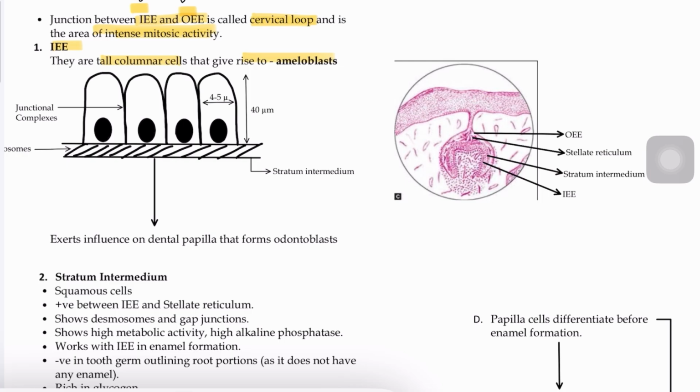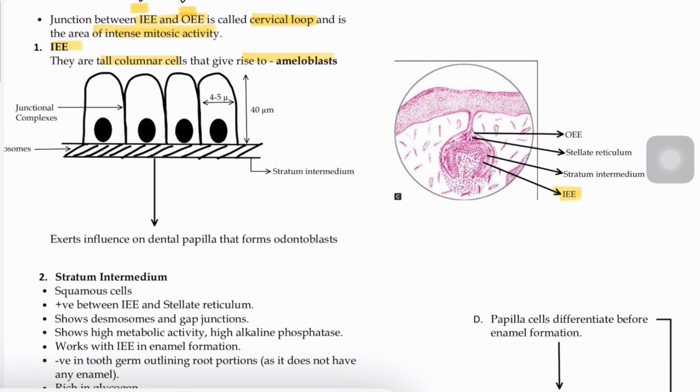First scenario, in the bell stage what we learned is IP, inner polygonal, outer cuboidal, followed by that, in the cap stage what we have is ITC, inner tall columnar and outer cuboidal. Now in the inner enamel epithelium we have tall columnar cells, same ITC, and they give rise to ameloblasts. Ameloblasts are basically the enamel forming cells. So enamel is coming from inner enamel epithelium. So ameloblast is coming from IEE. So basically IEE will give rise to enamel.